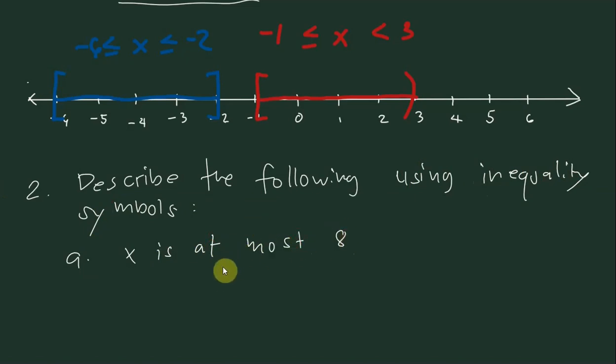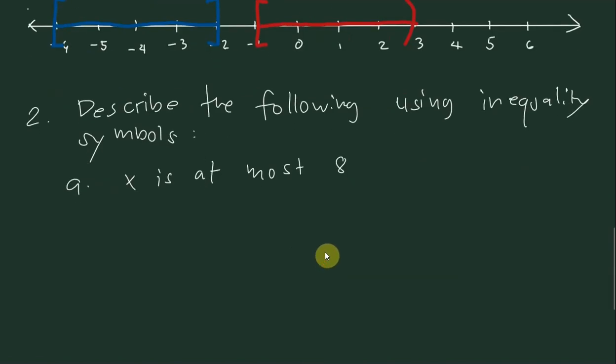So what does this mean? It's asking us to express this statement as an inequality. x is at most 8, so 8 is the greatest value of x. Does that include 8? Yes, because it says at most 8. So what are the values included here?